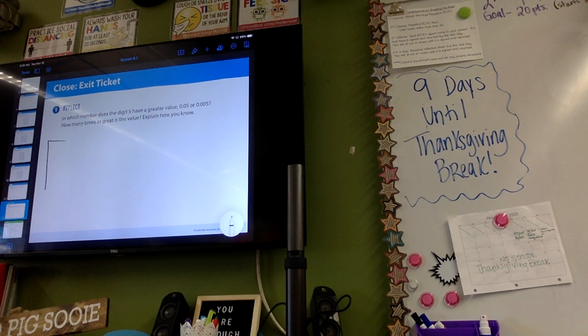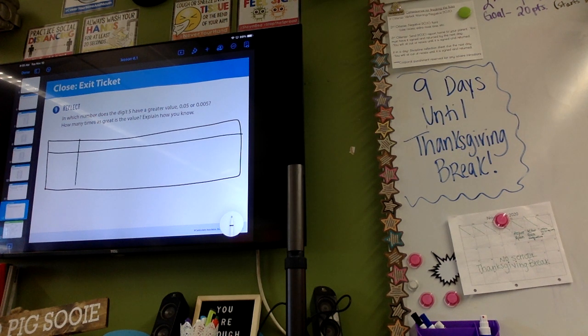So here's going to be my place value chart. Okay, so that's going to be ones, decimal, tenths, hundredths, thousandths.